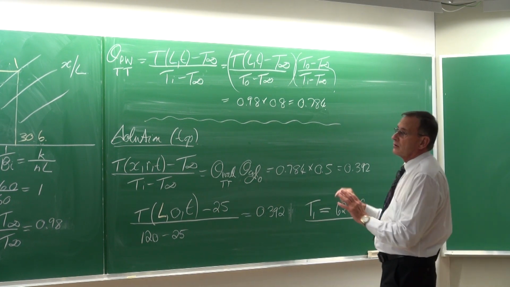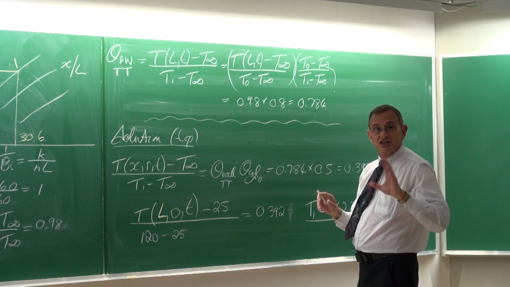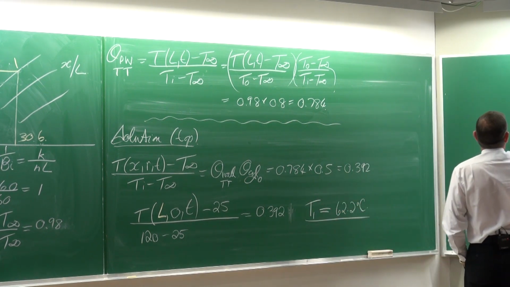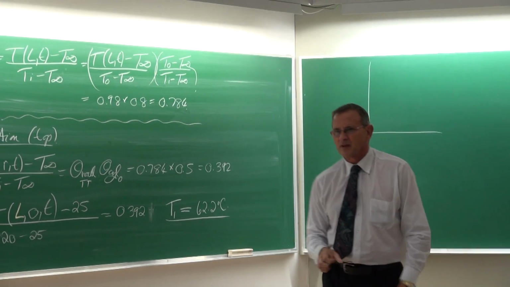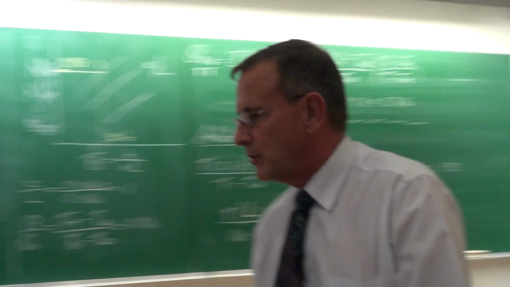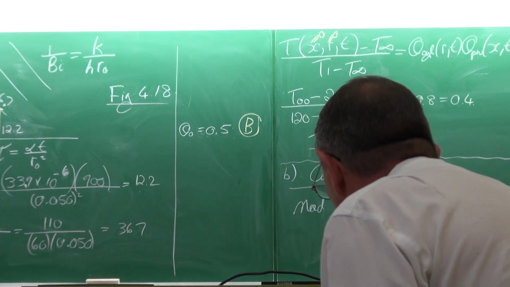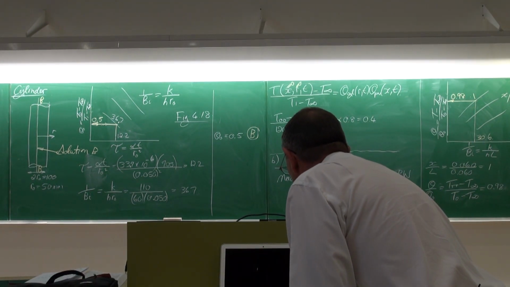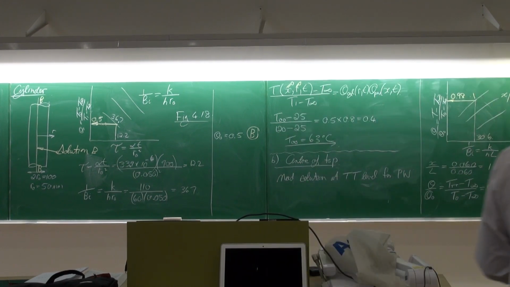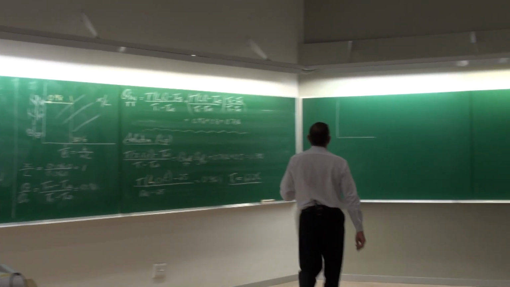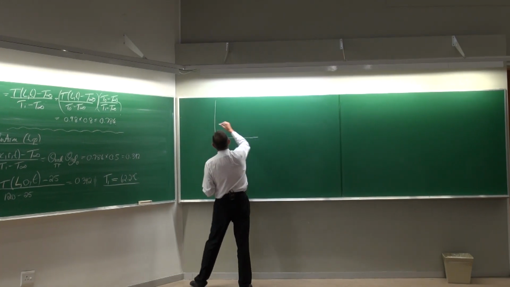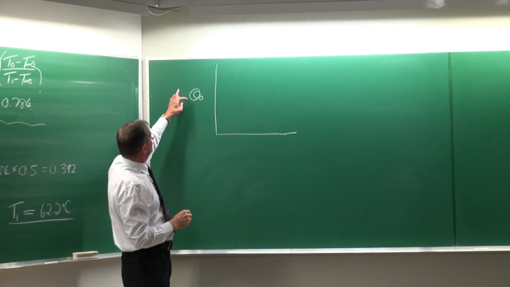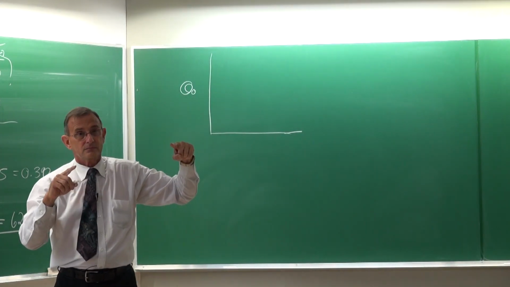Oh, right, okay. Let's just go back to the Heisler charts. I was going to get one quickly and show you again, but it's going to take too long now. In terms of the Heisler charts, the first chart gives you the temperature at the center. Okay?